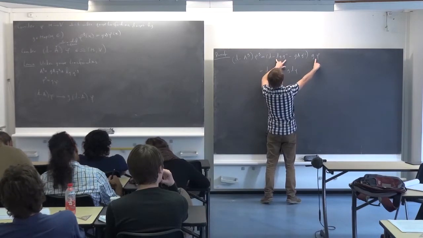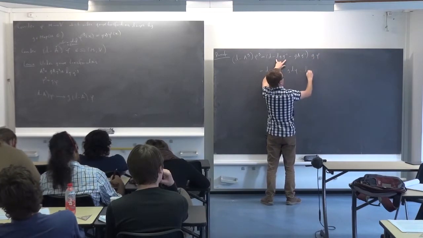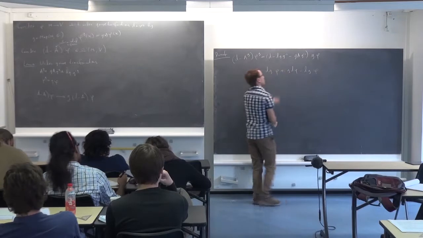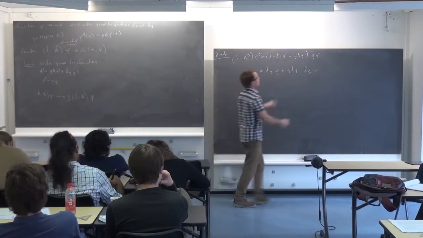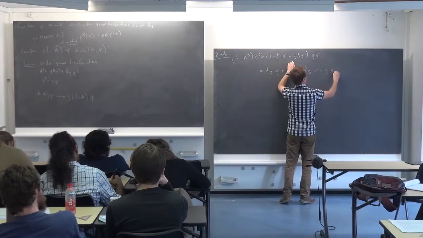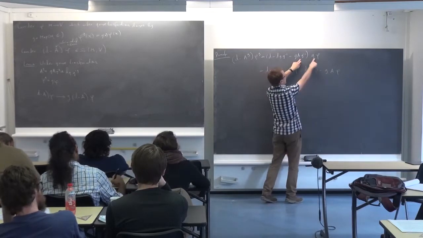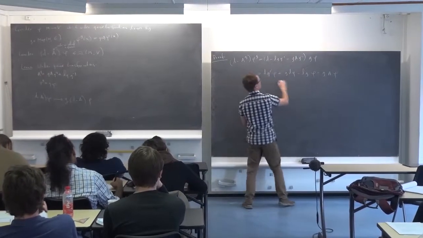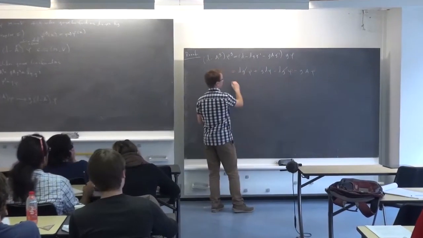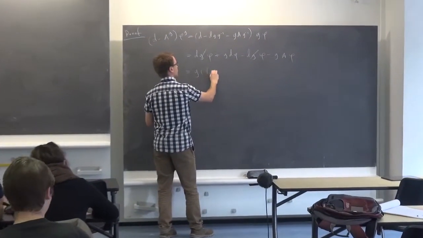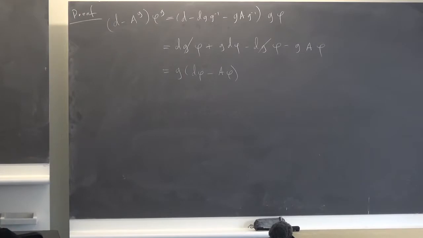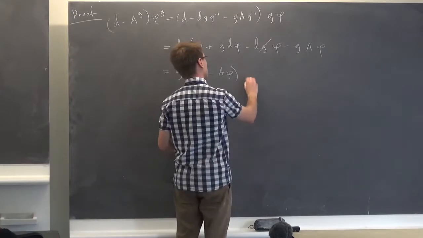Then the next term will be minus dg g inverse acting on g phi; g inverse and g cancel, so it's minus dg times phi. Then from the last term, you get minus gA phi; again, g inverse cancels. And so you see that dg phi cancels with this dg phi. So you get g times (d phi minus A phi), which is the expression that we wanted. So this combination transforms in a very nice way.